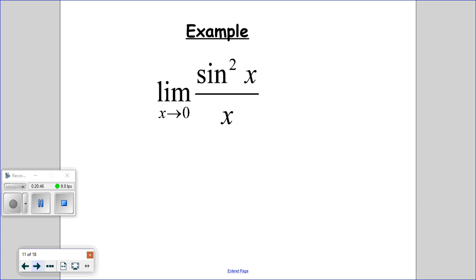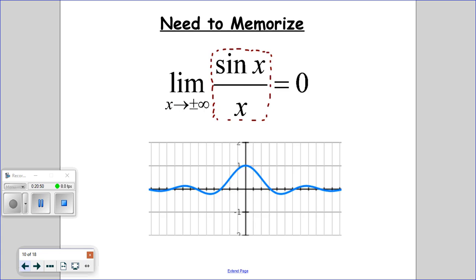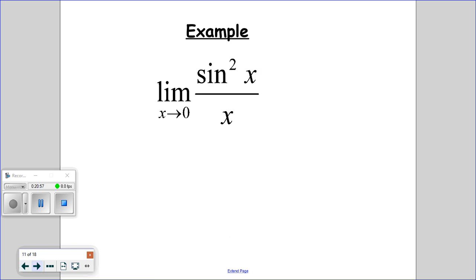What I want to do when I'm given this, if I see something that resembles this a little bit, is try to break it down to see if I can isolate sine of x over x. Sometimes looking at these in a different format can help. For example, sine squared of x would be the exact same thing as sine of x squared, right?